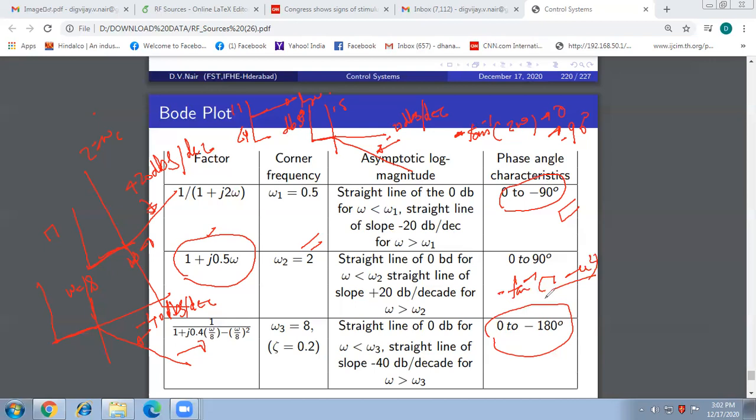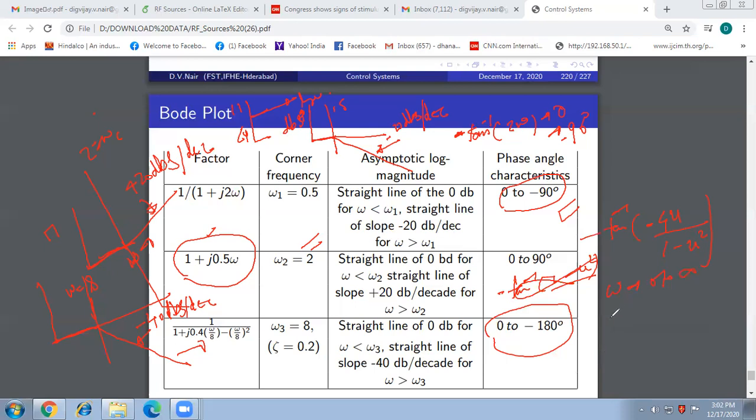The real part is 1 minus u square, and the imaginary part is 0.4 u. Sorry, it should be minus tan inverse of 0.4 u by the real part, that is 1 minus u square. That is how you have to find out, by varying omega from 0 to infinity, the complete phase angle contribution.